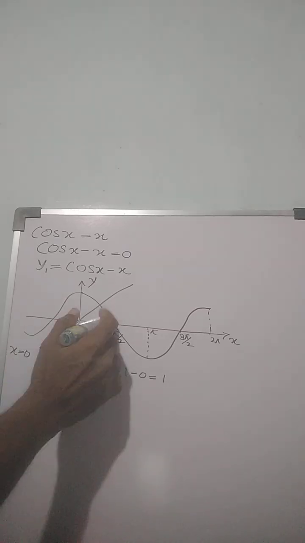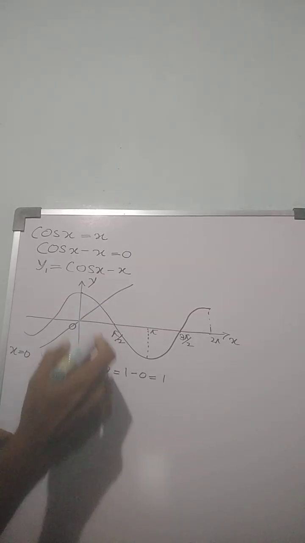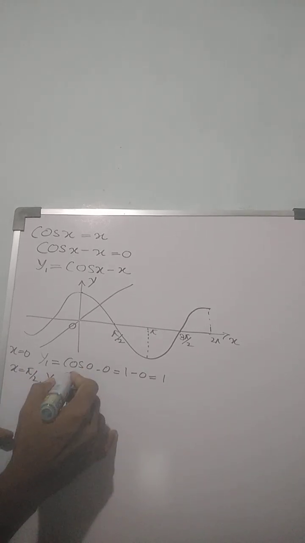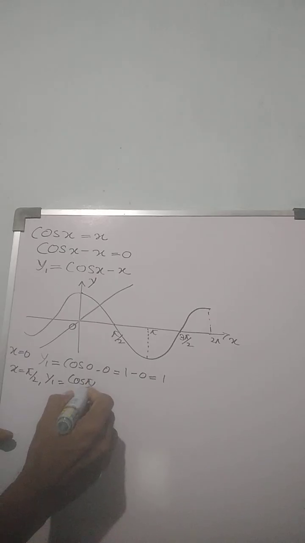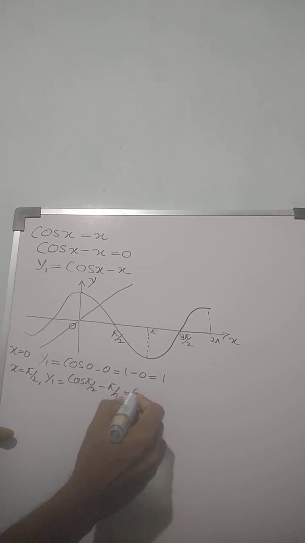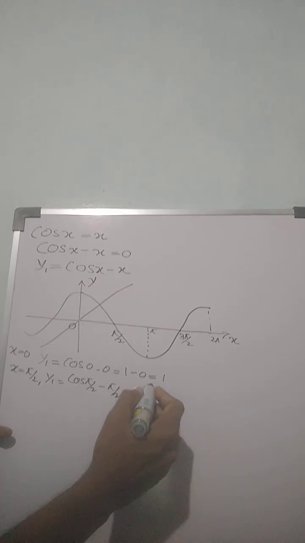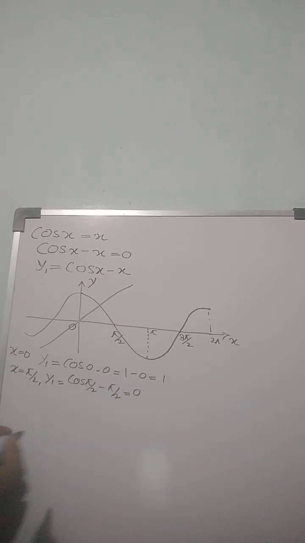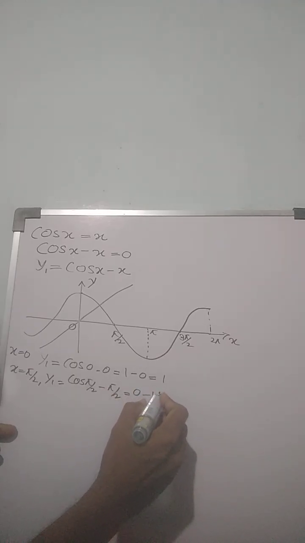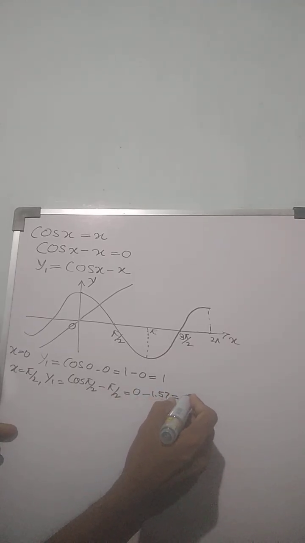When x equals pi divided by 2, y1 is cos pi divided by 2 minus pi divided by 2. Cos pi divided by 2 is 0, and pi divided by 2 I take as 1.57 for 2 decimal places. So y1 is 0 minus 1.57, which is minus 1.57.